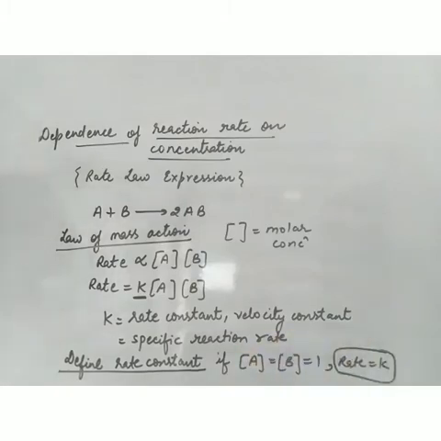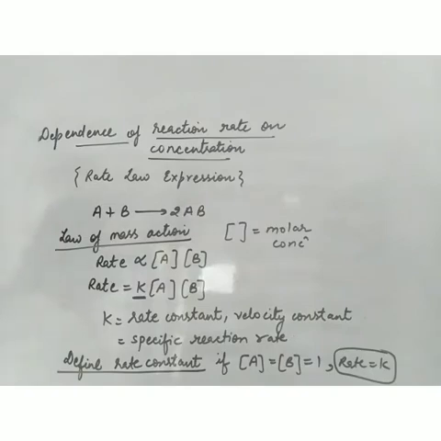So suppose a question comes that asks to define the rate constant, then how will you define it? Rate constant is equal to the rate when the concentration of reactant is 1 or unity. So in order to define the rate constant, if you put the concentration of reactant as 1, then whatever rate comes is equal to the rate constant.